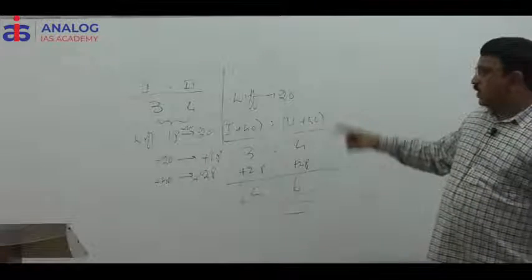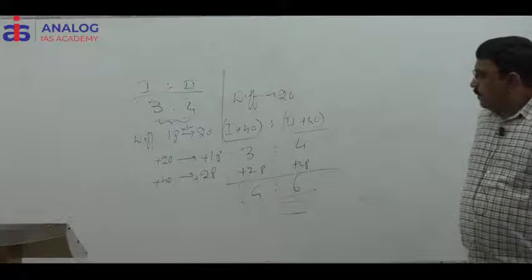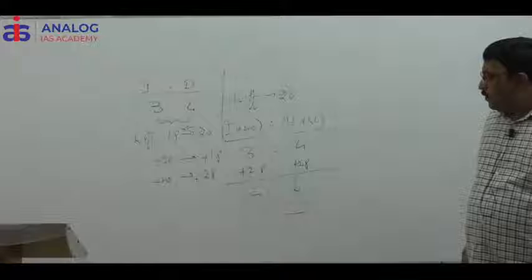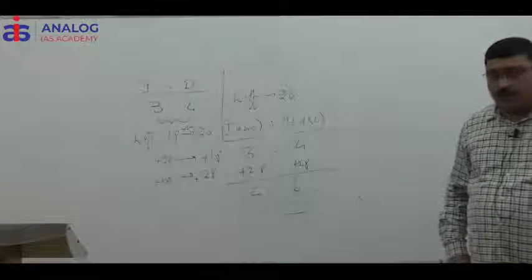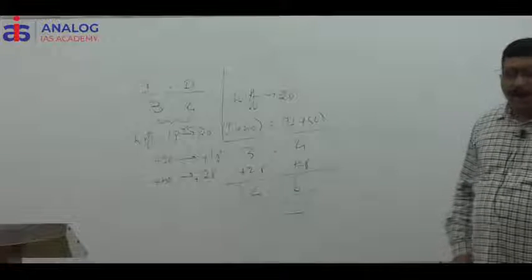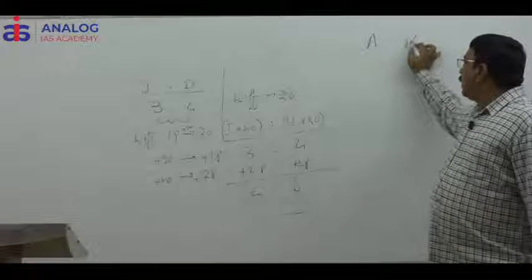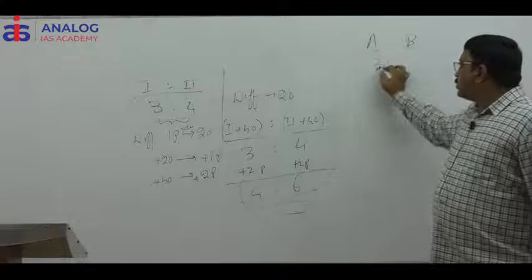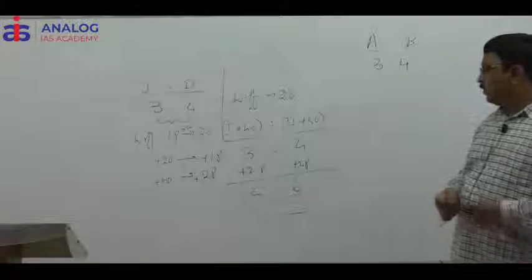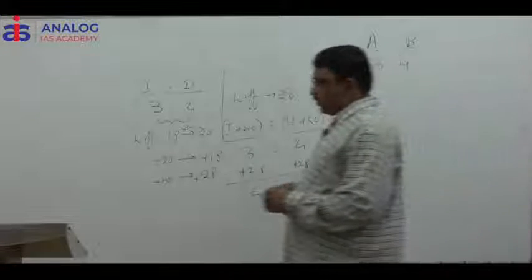The present ages ratio of A and B is 3:4.